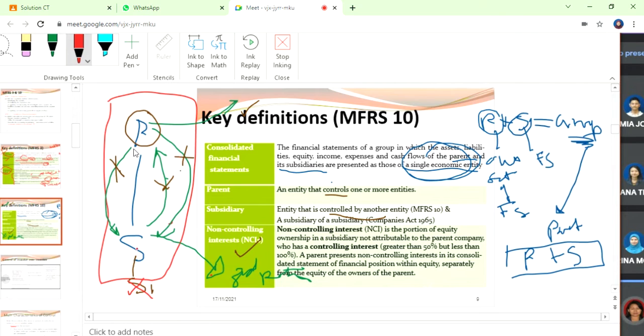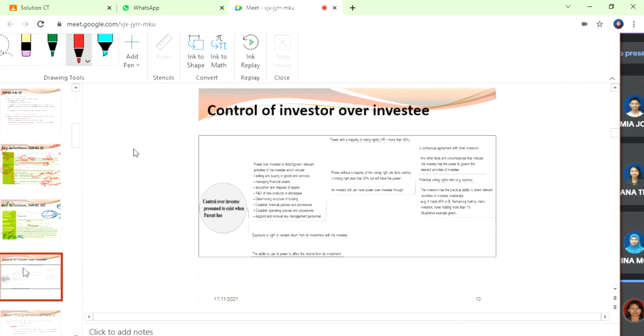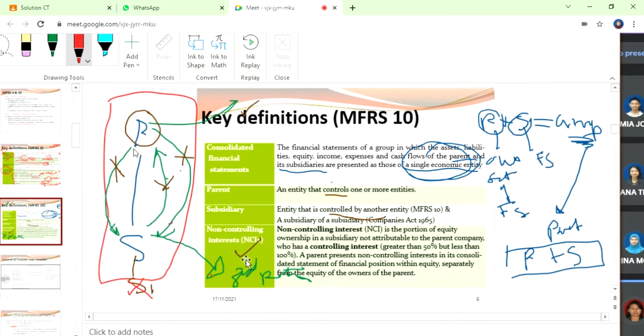So your knowledge in your diploma here will be very useful when you go to degree. You can keep all these notes in case you pursue your degree in accountancy. These notes will remain useful, unless there are changes to the standards. What else? This one, non-controlling interest.